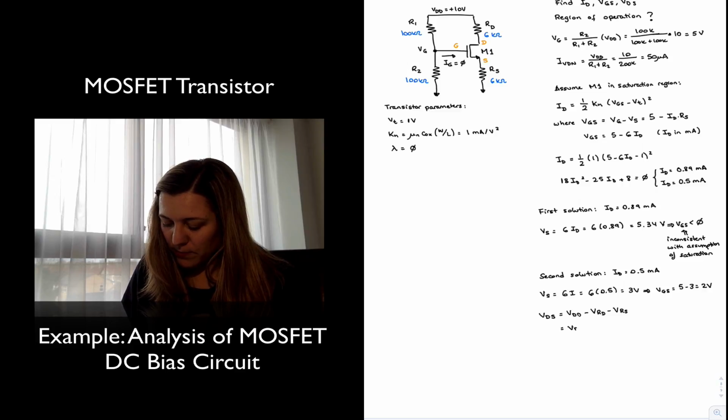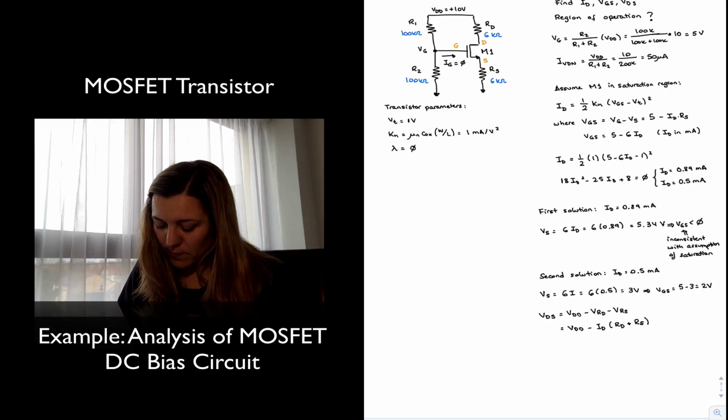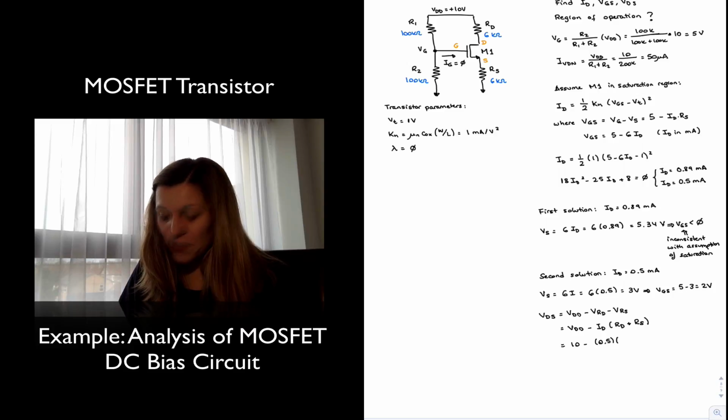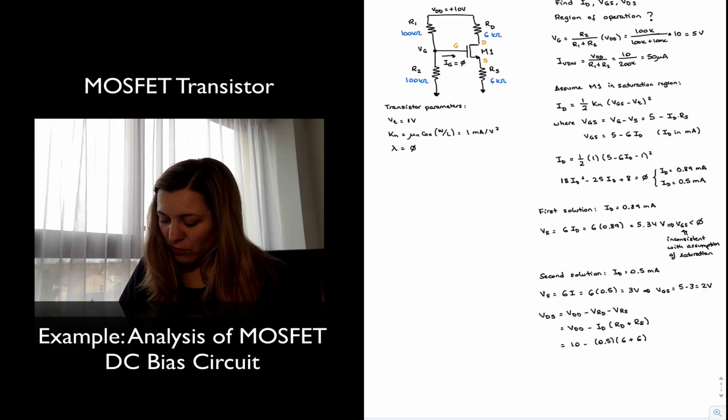Or VDD minus ID times RD minus ID times RS. Or 10 minus, ID was 0.5 milli, so I'm just going to do 0.5 and skip the K in the resistors. RD was 6, RS was 6. So basically 6 plus 6 is 12, 0.5 of that is 6, 10 minus 6 is 4 volts. So my VDS is 4 volts.